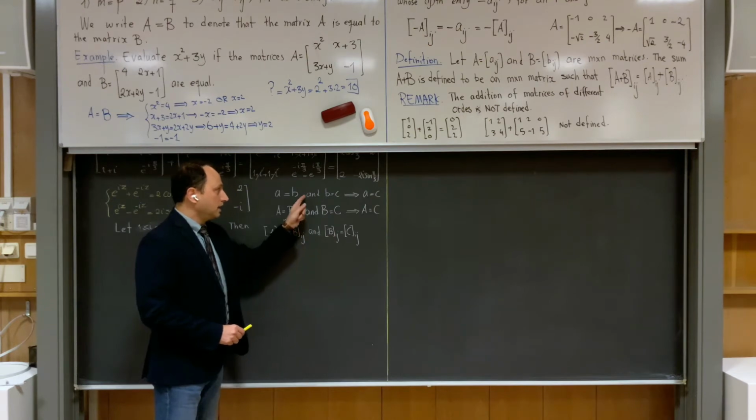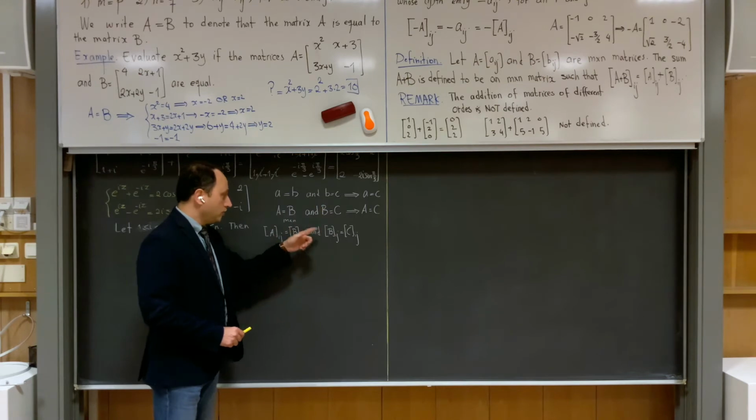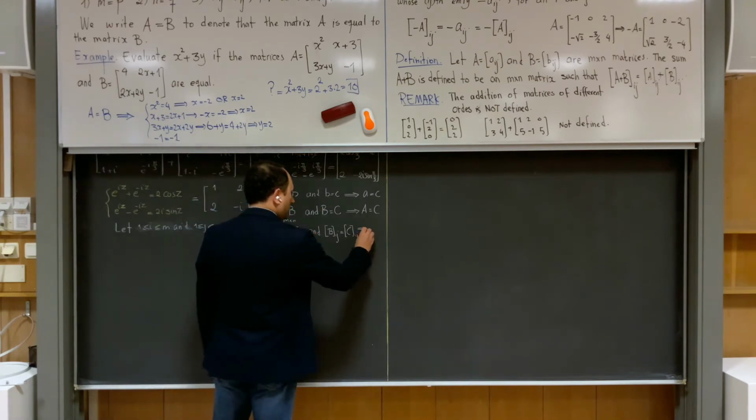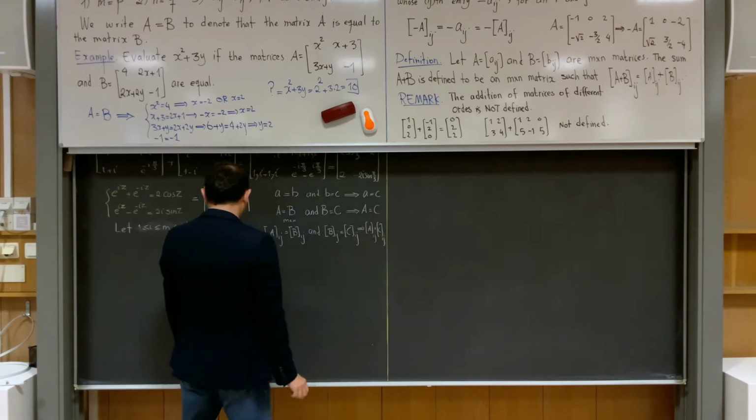So again, I can go back and use the transitivity of numbers to show that yes, this one is also equal to this one.